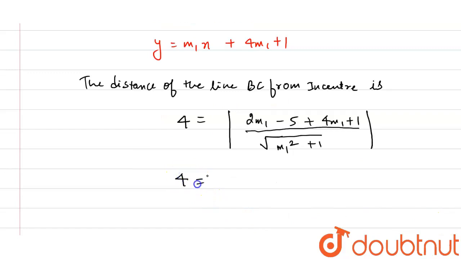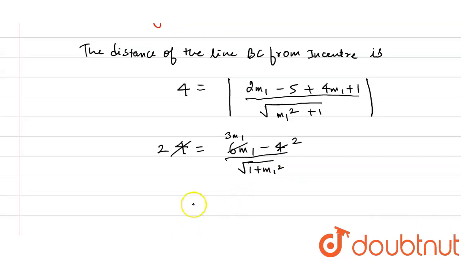So 4 is equal to 6m1 minus 4 divided by the square root of 1 plus m1 squared. If we cancel by 2, we get 2, and here also by 2, we get 3m1, and also by 2, we get 2. So 2 multiplied by the square root of 1 plus m1 squared is equal to 3m1 minus 2.